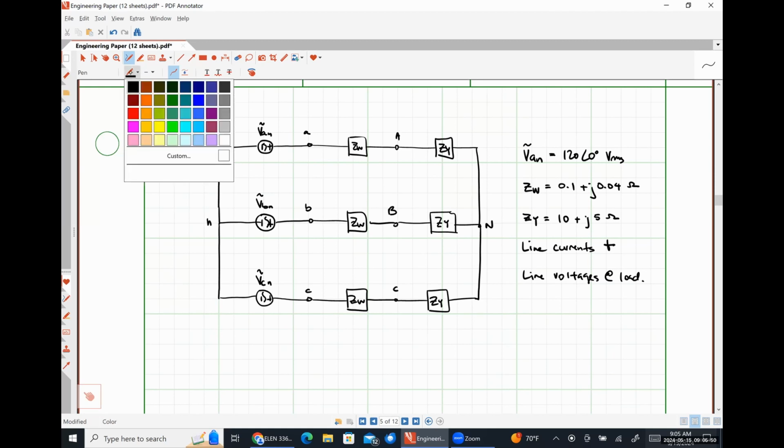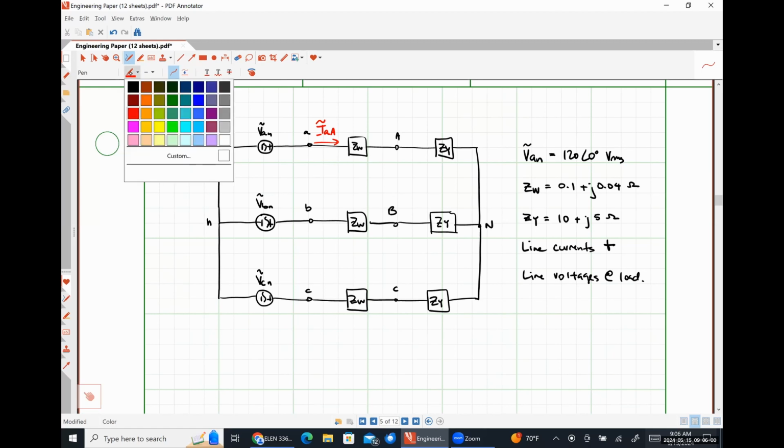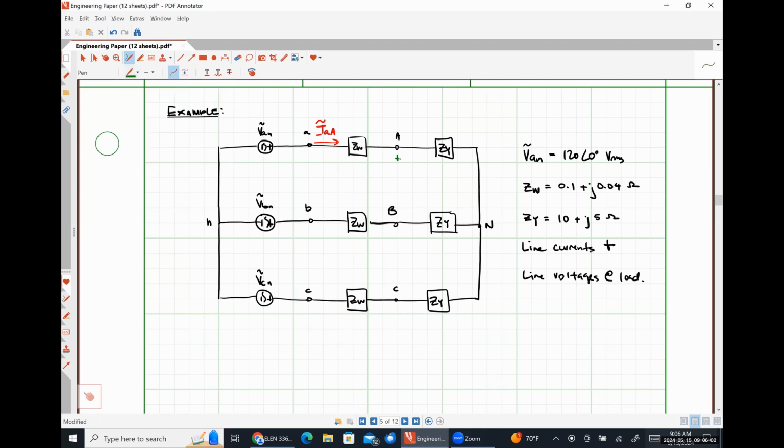So my line current would just be this current right here, IAA, and my line voltage would be this quantity, VAB.